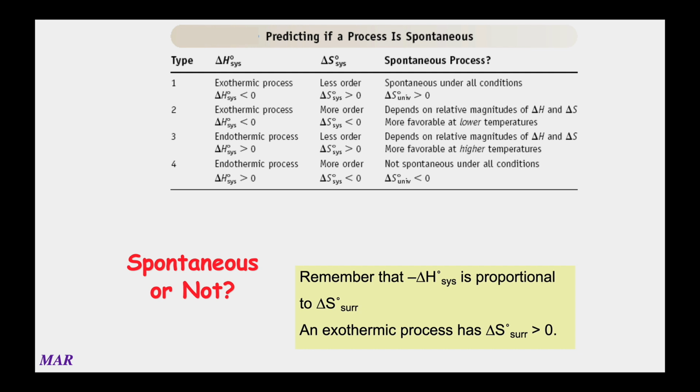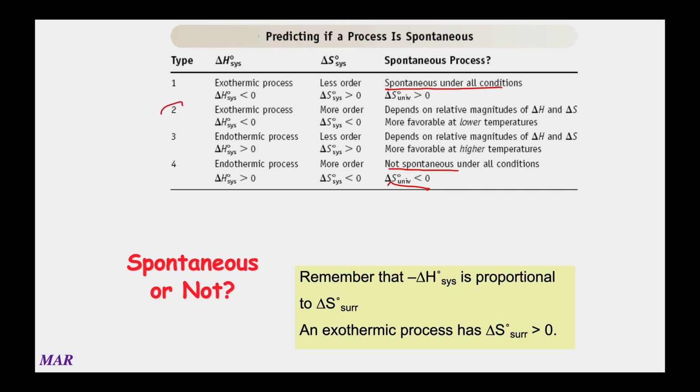I also want you to see that there are 4 possibilities. In one way, the enthalpy and the entropy are working together to make the reaction spontaneous all the time, which would be delta S of the universe greater than 0. You also have a condition of delta H and delta S, which are working together, but to prevent a reaction from going. And there are some reactions which won't be spontaneous like ever.